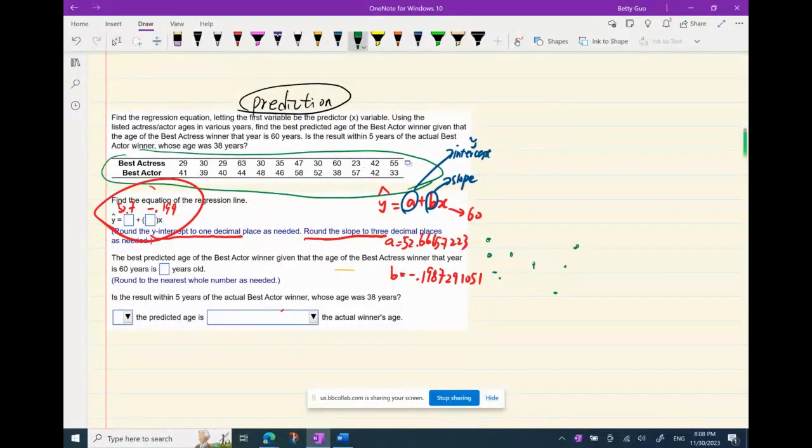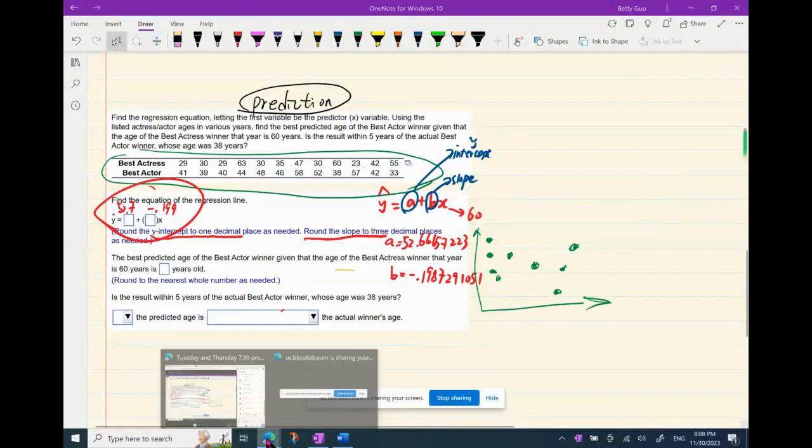Even just using visual examination, we know the pattern is not very linear, right? But it still gives you a regression line. But it doesn't mean the regression line is a good model.